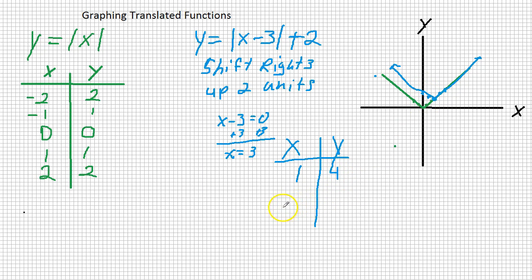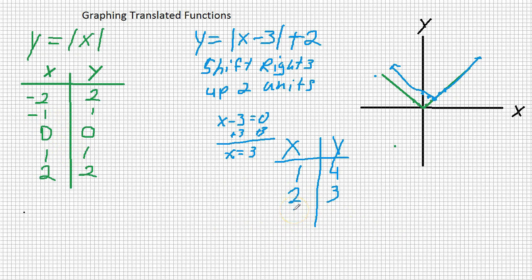All right. Then we add 3 to negative 1, and we get 2. Add 2 to 1, and we get 3. The point 2, 3 is on this graph. Pretty cool, huh? So you can do this by adding to the coordinates.